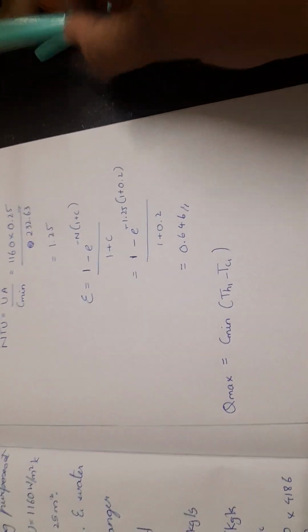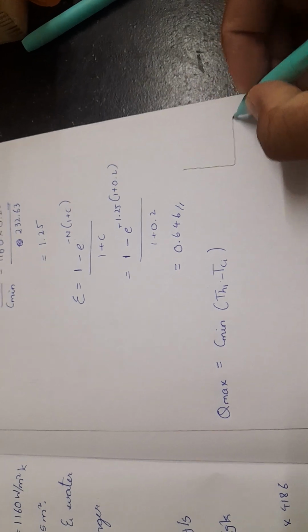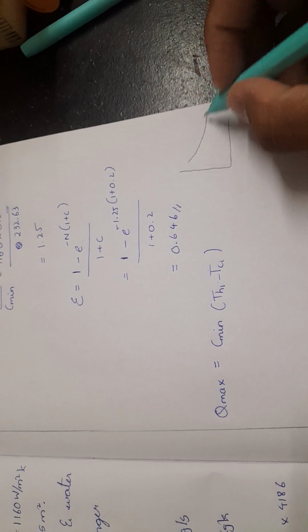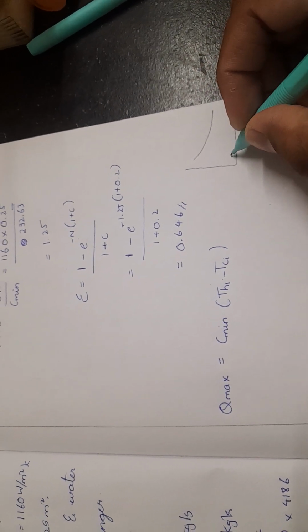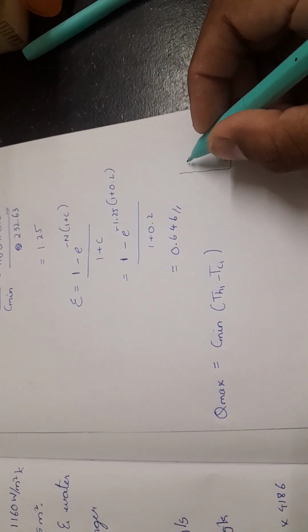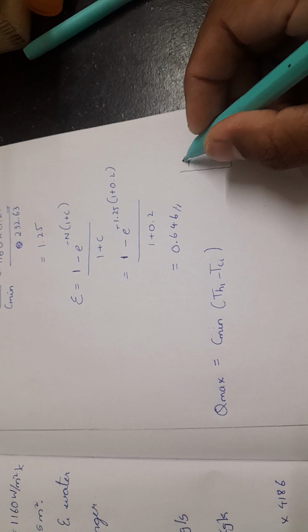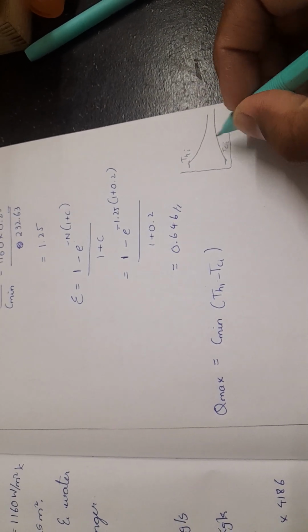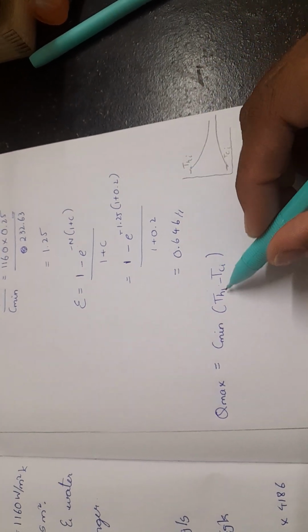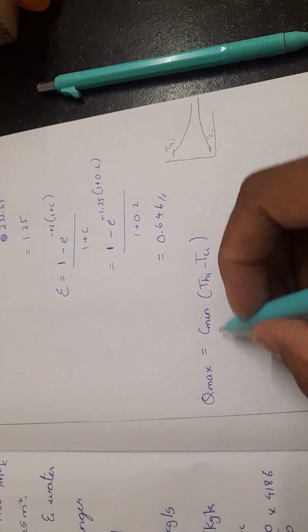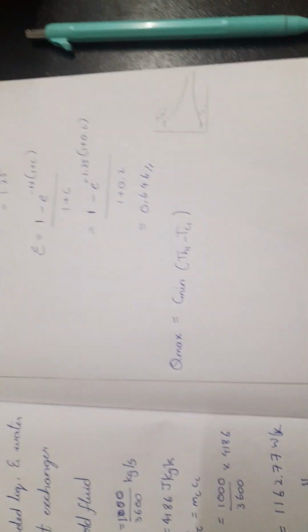The reason is that if you see the graph, the hot fluid cools in this manner. The temperature of the hot fluid decreases and the temperature of the cold fluid increases. So the maximum temperature difference would be the difference between the hot fluid entry temperature and the cold fluid entry temperature. That's why we take the difference as THI minus TCI, and to balance it, we take C minimum. Right? This formula you can also find in the data book.